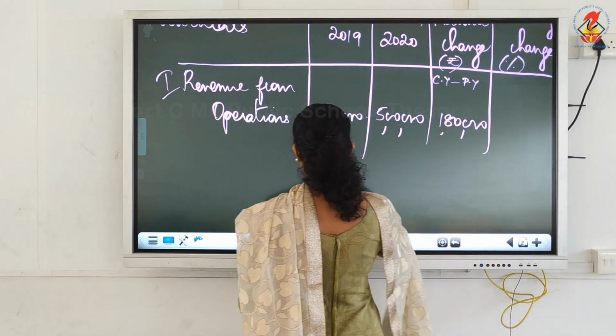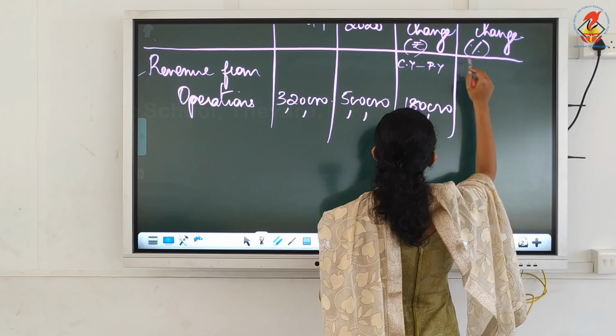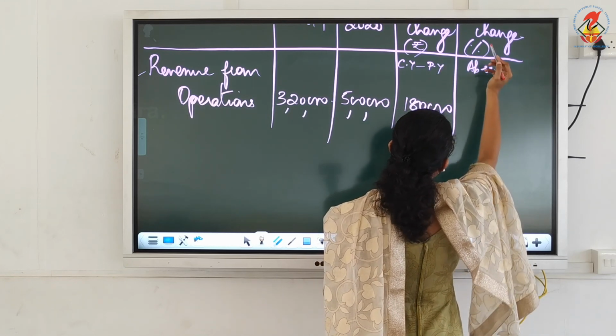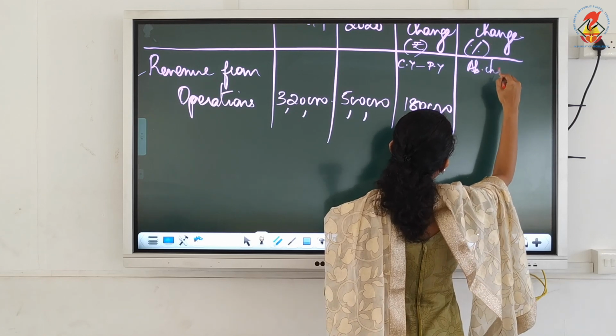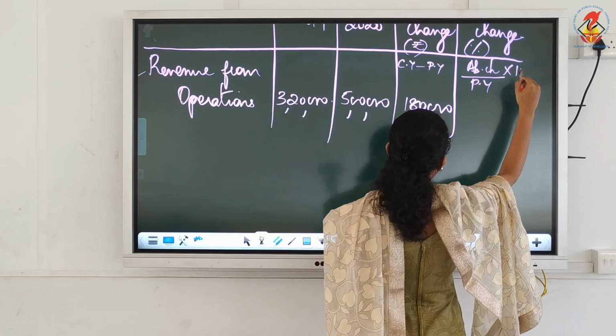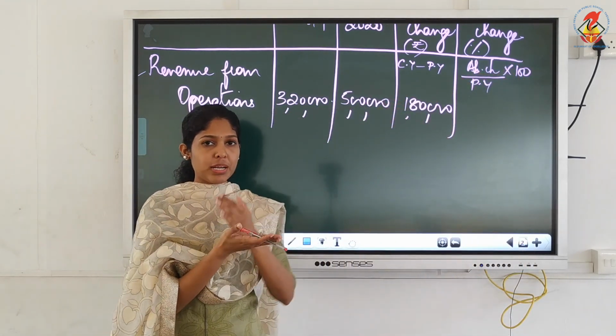Next we have to do the percentage change. That means what you have to do is this absolute change divided by previous year value into 100. See, in maths you would have studied how to convert a figure into percentage.